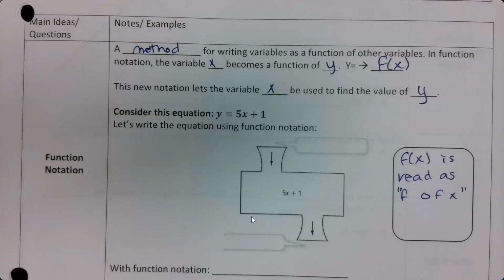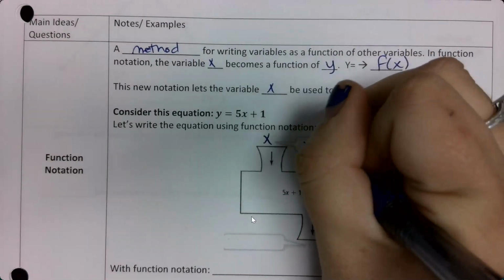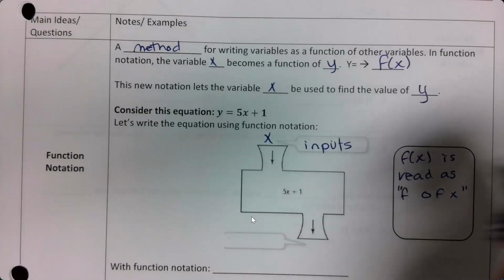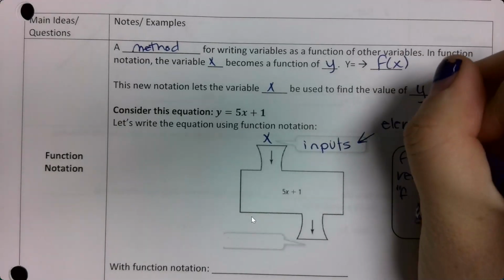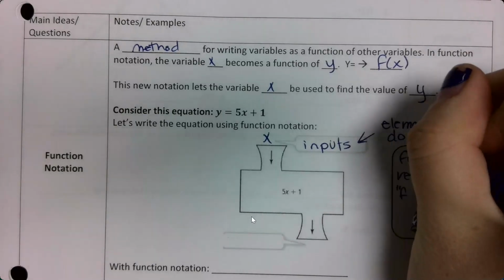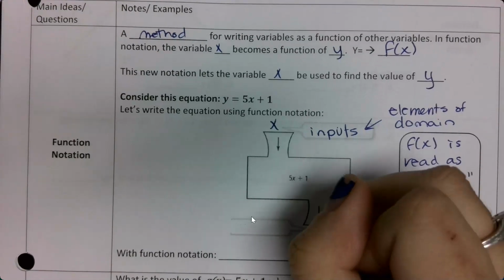So if I think about my equation, y equals 5x plus 1, we want to write this in function notation. So we have our inputs, which are domain or range, and then it's going to come out with our outputs.